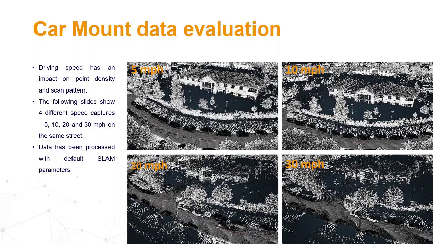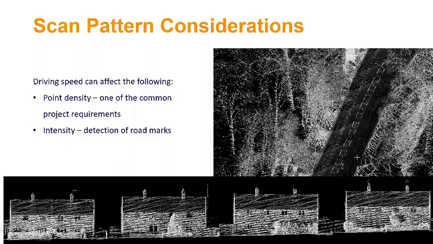So you can see the differences. But you see also that with the maximum speed, it still can be used for many purposes for which you normally use mobile mapping systems in a car.